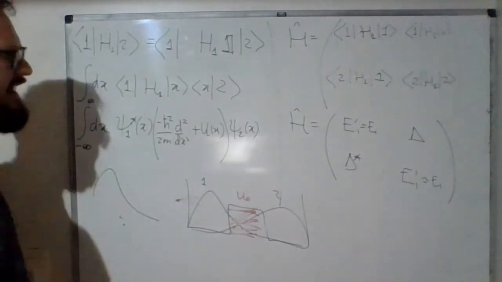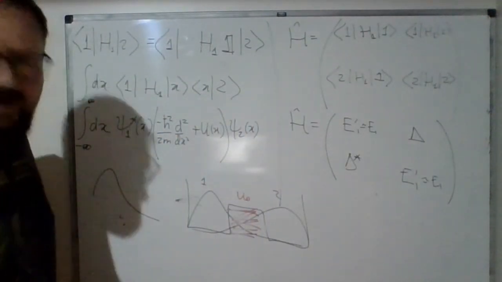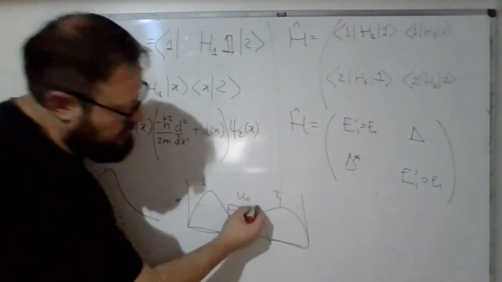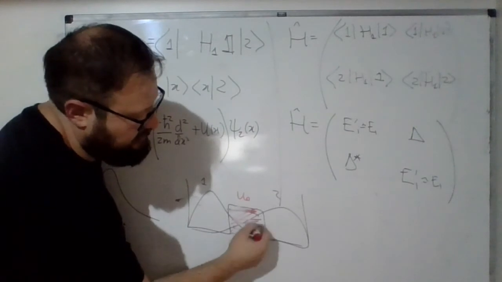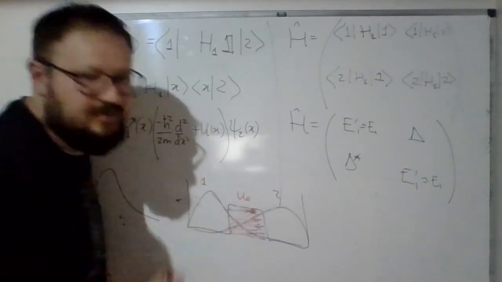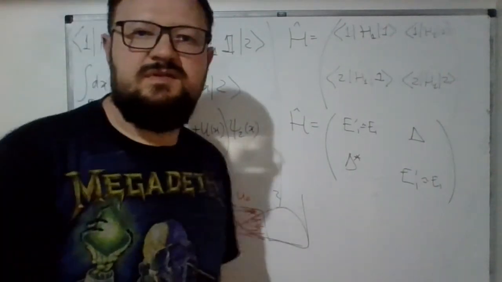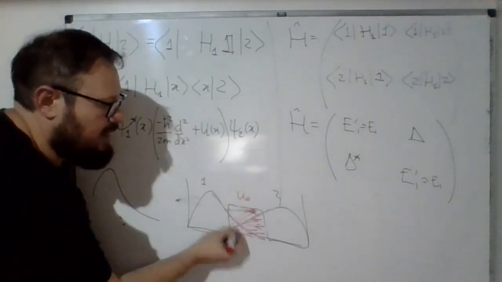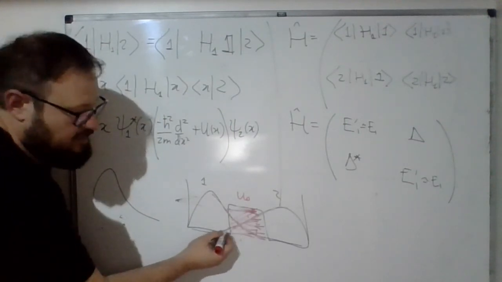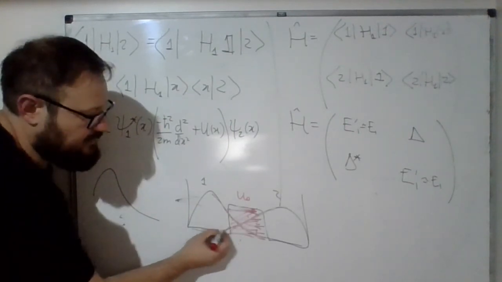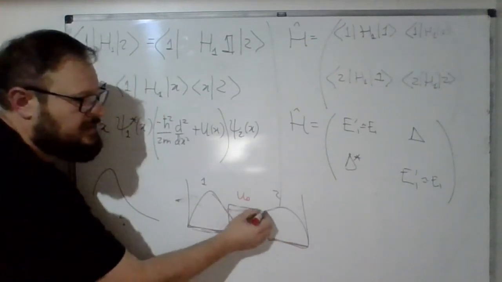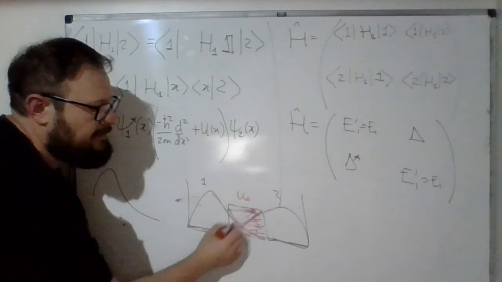So as a matter of fact, not only can you perform exact calculations here, but this barrier region is where the wave functions overlap the most, because they are small, both are small, but non-zero. Here, function 2 is 0, and there, function 1 is 0. Here, neither of them is 0.